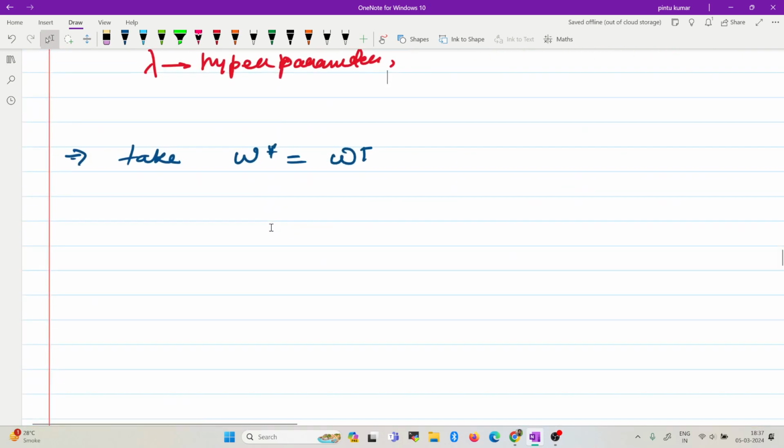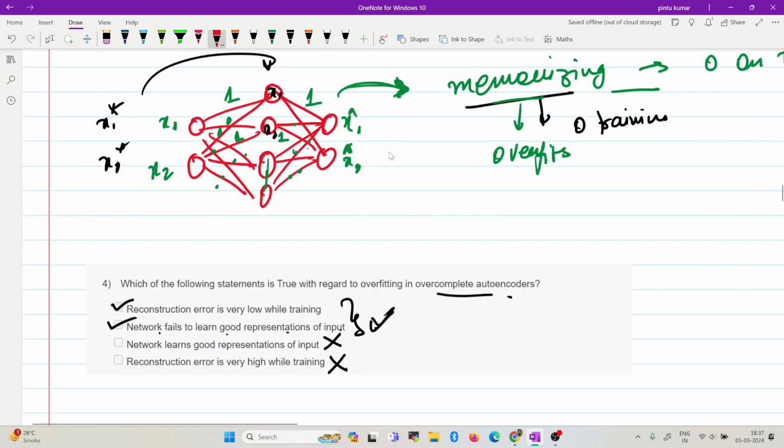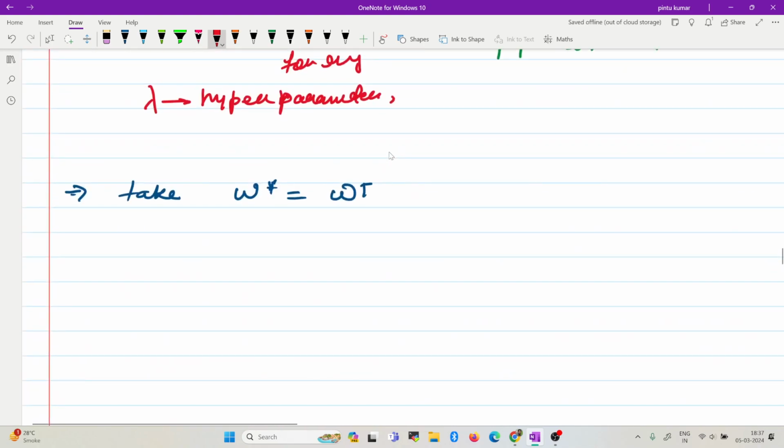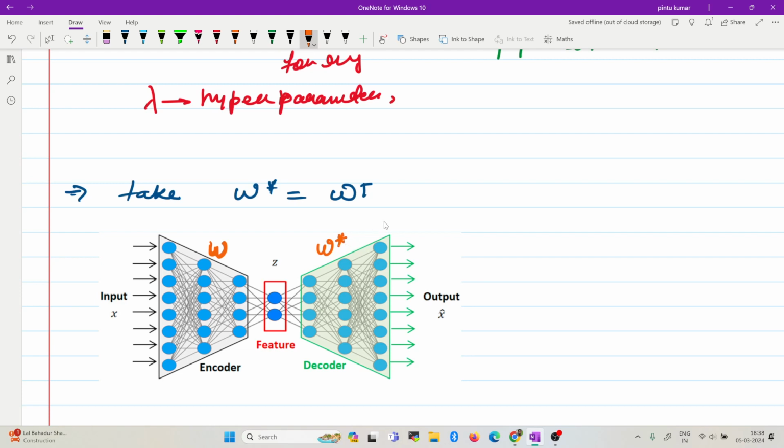Okay, so the next thing: I'll again copy this figure and paste it here. That figure is slightly useful. Let's say the weights that we have on this side, we represent by W, and the weights on this decoder side, we represent by W star.